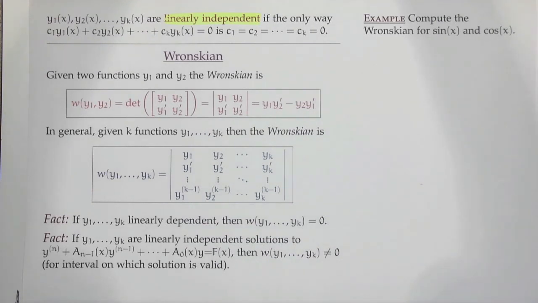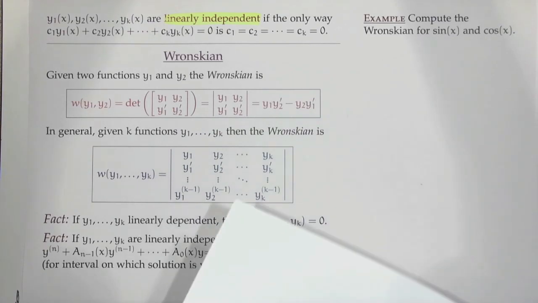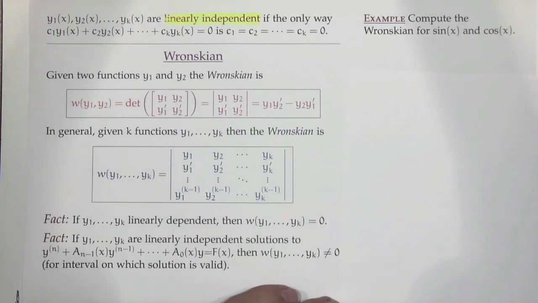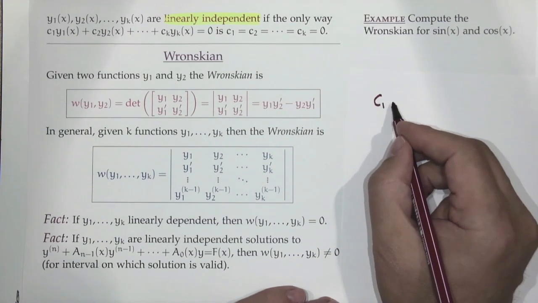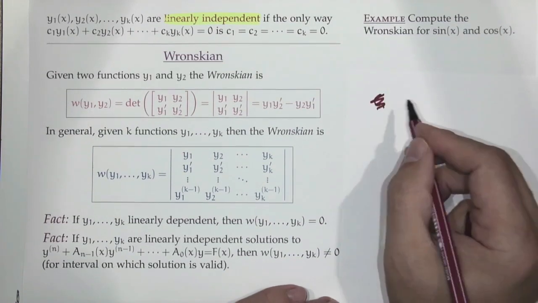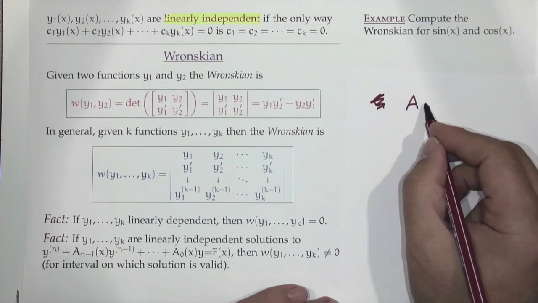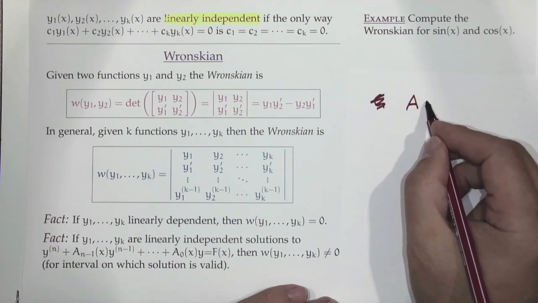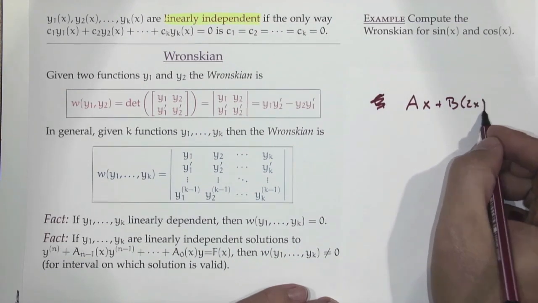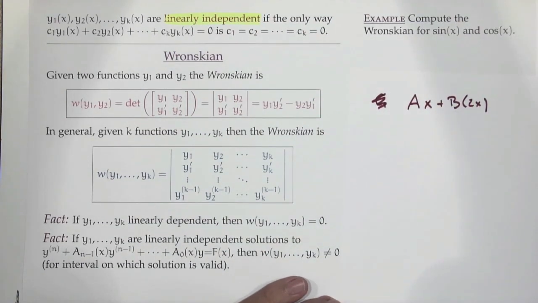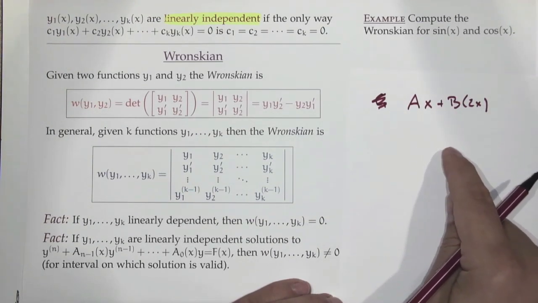So to make this more concrete for our discussion, suppose I have A times x, and I have B times 2x. In other words, x and 2x were both solutions. Well, what could you do here?